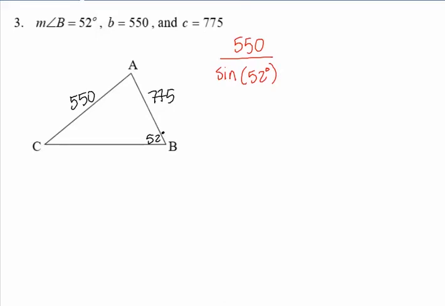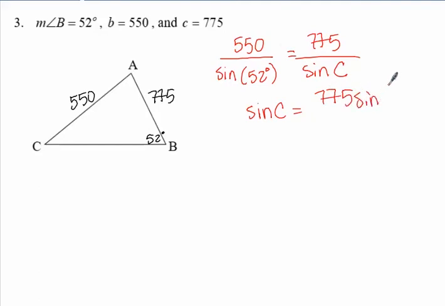I'm going to try to find the measure of angle C. I know that side C is 775. If I start solving this, I get that sine of angle C equals 775 times the sine of 52 degrees over 550.